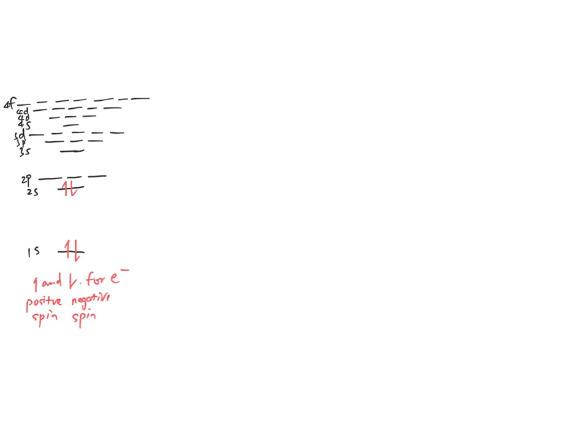But where do I put it? The answer is it doesn't matter. All 3 degenerate orbitals here in 2p are equivalent to each other. Your first electron can land anywhere. Let's say my first electron landed here, and let's say it has a negative spin. Nobody says I can't, so I'm going to do that.